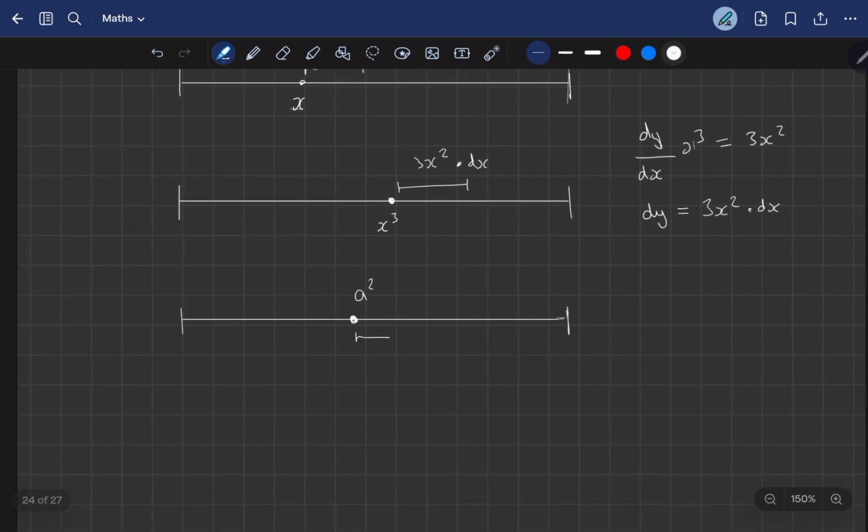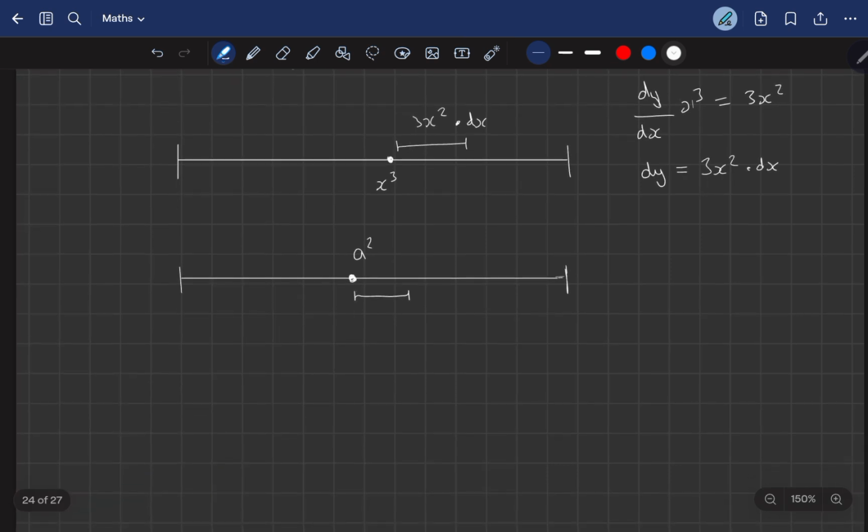It is just the derivative of a squared, which is 2a dA, because dy by dx of a squared is 2a. So dy, the change in the output of a squared, is 2a times dA. Sorry, in this case it's dA, because a is the input, the difference in a.